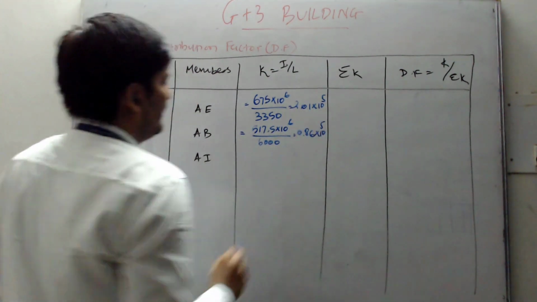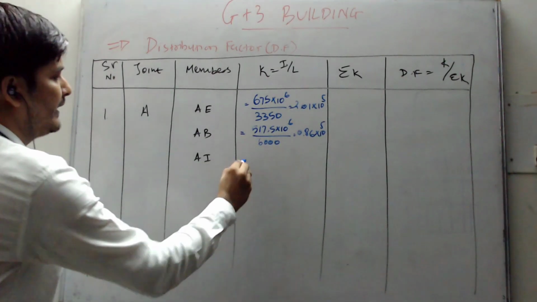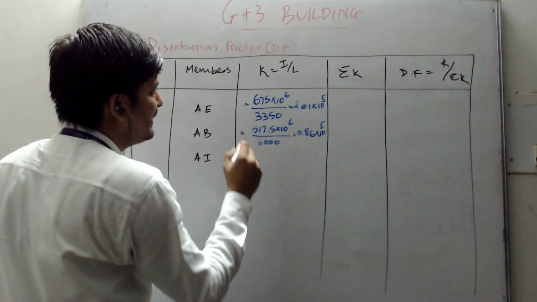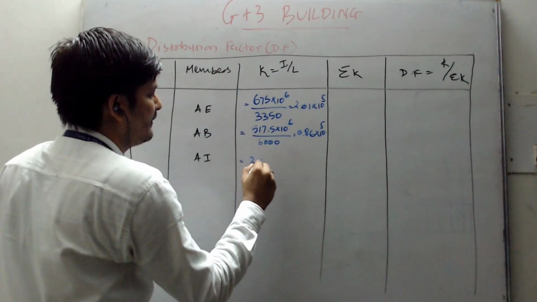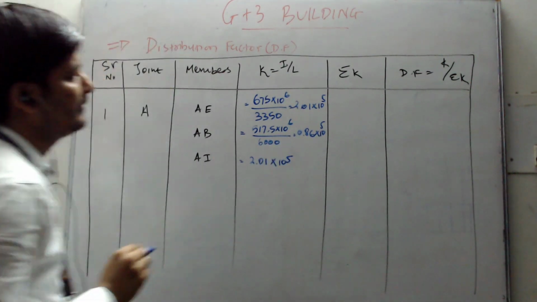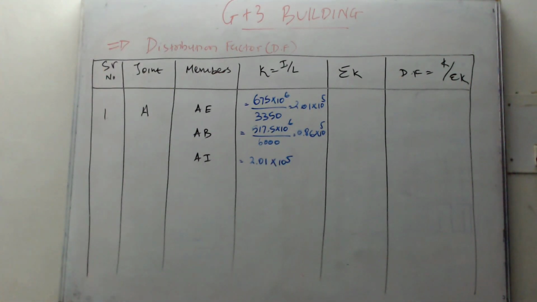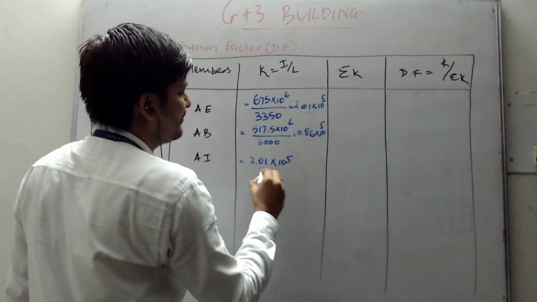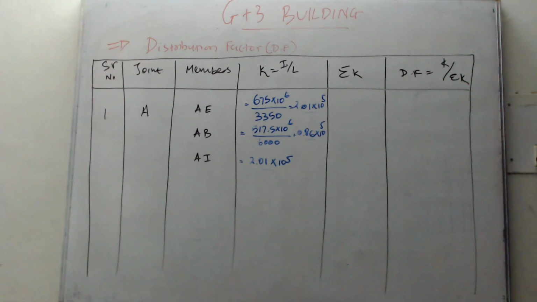And last for AI, again it is a column, so it will be similar to AE, 2.01 into 10 raised to 5, right? Next we need to find out summation of K, so we need to add these 3: 2.01 plus 0.86 plus 2.01, which comes out to be 4.88 into 10 raised to 5.